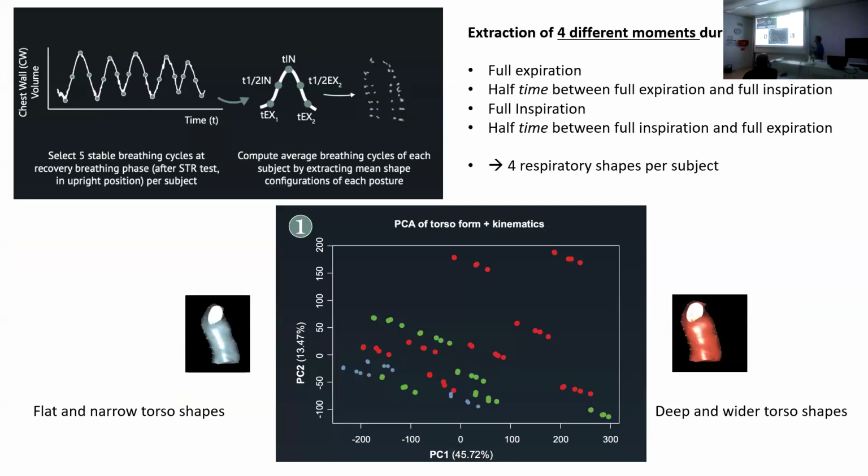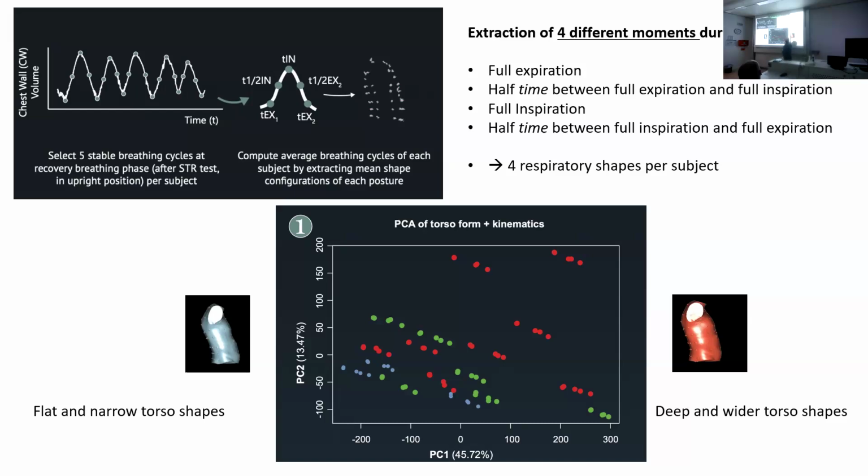We used different moments in the breathing cycles. So we use the volume to divide the cycle into 4 different positions: full expiration, half time between expiration and inspiration, full inspiration, half time between inspiration and the next expiratory cycle, and analyzed this kind of data with geometric morphometric toolkits.